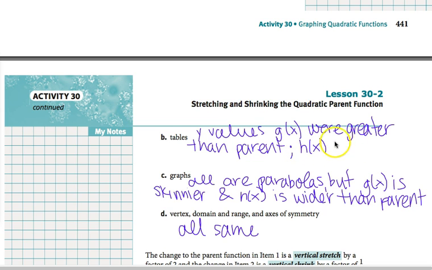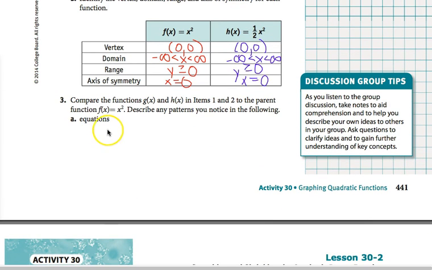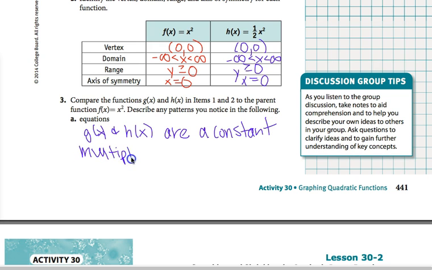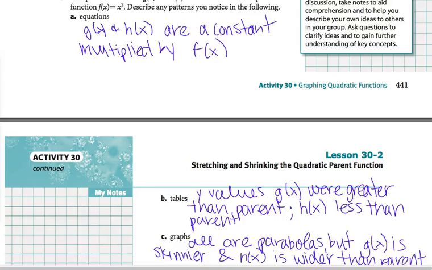H of x less than the parent. And the equations, we would say g of x and h of x are a constant multiplied by f of x, or the parent.